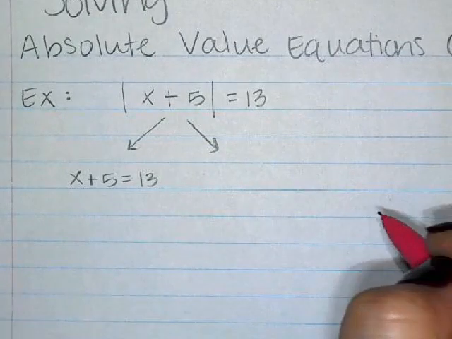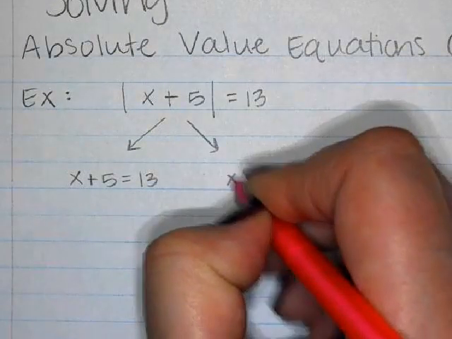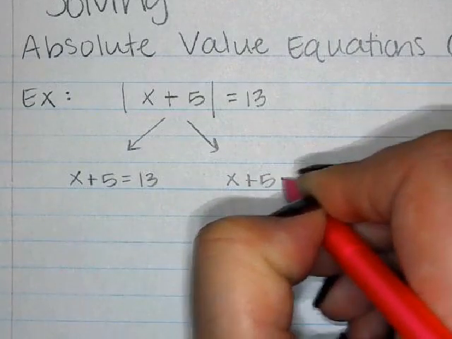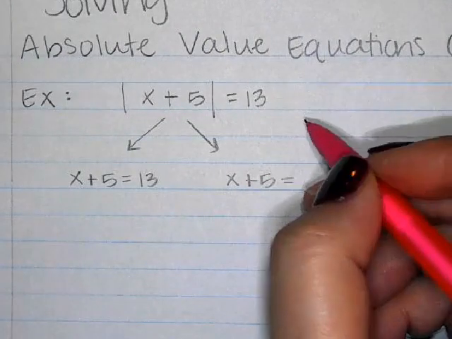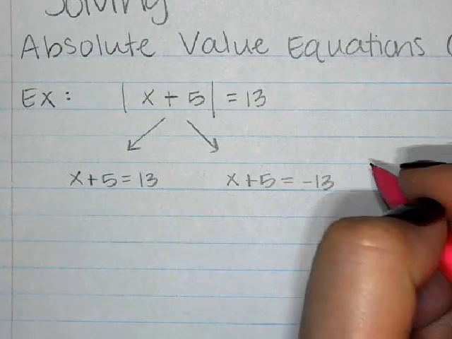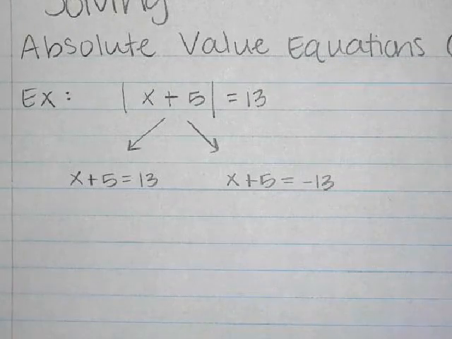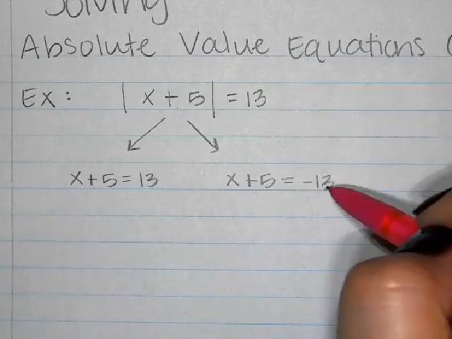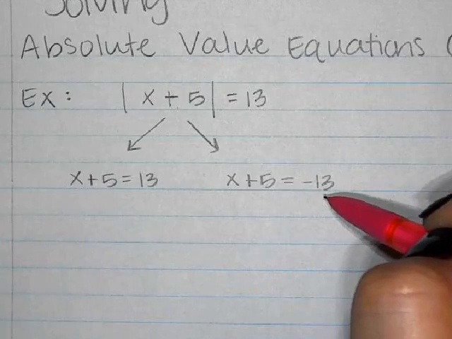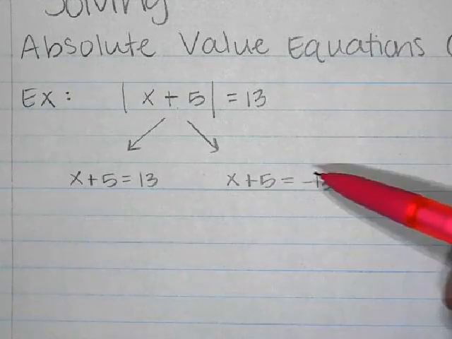And the other possibility was that it had a distance of 13 spaces away from 0, but it went to the left, so it did negative 13. It could have equaled positive 13, it could have equaled negative 13, but either way, it was still a distance of 13 spaces away from 0. Those are our 2 options.